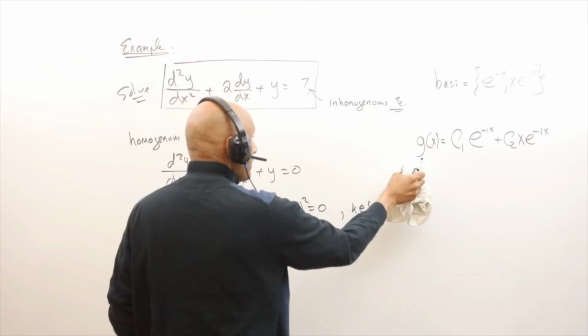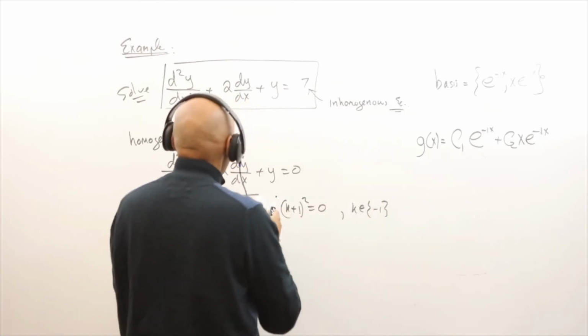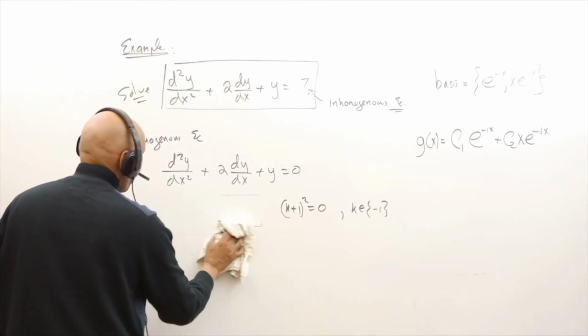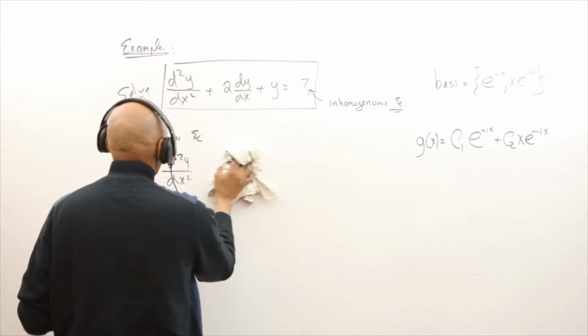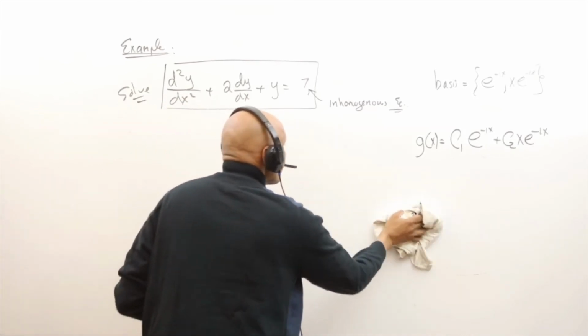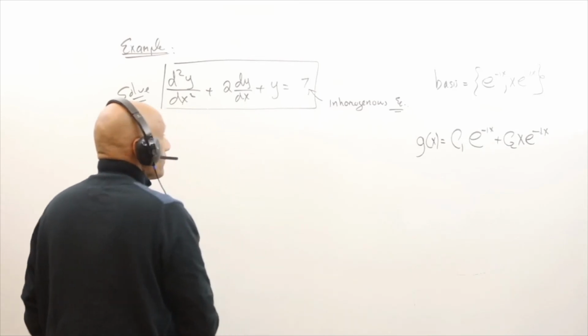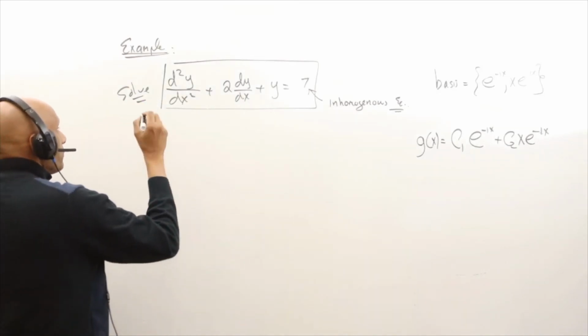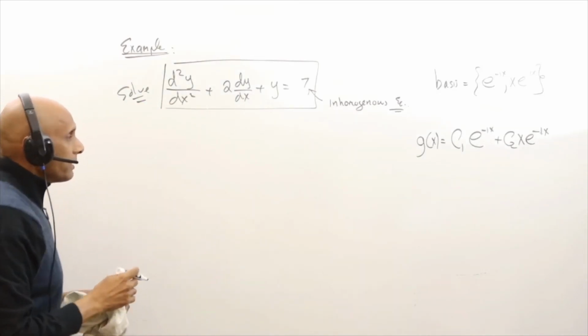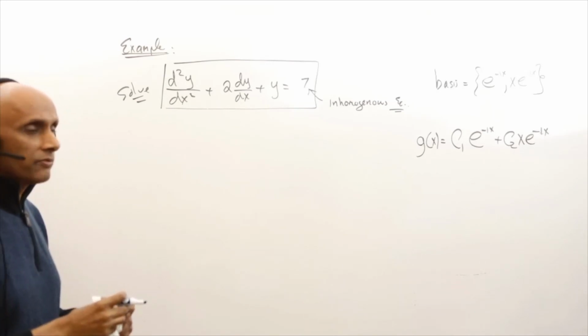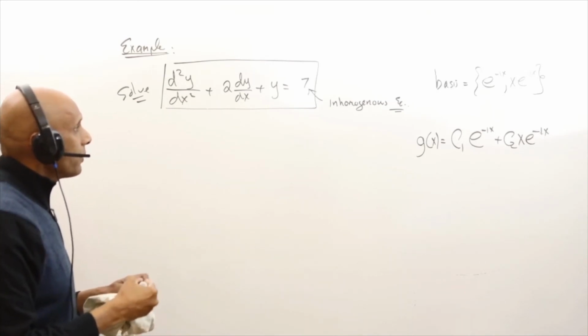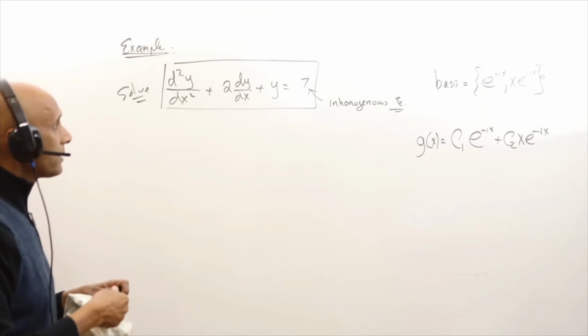So this is not a solution for this inhomogeneous equation. So we need to solve this, and pretty much there is no general methodology for solving for an inhomogeneous equation, a specific solution. You guess, trial and error.